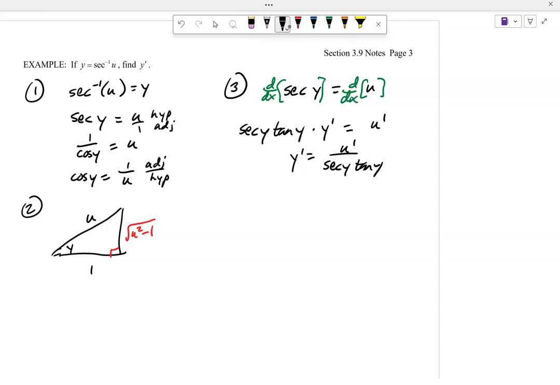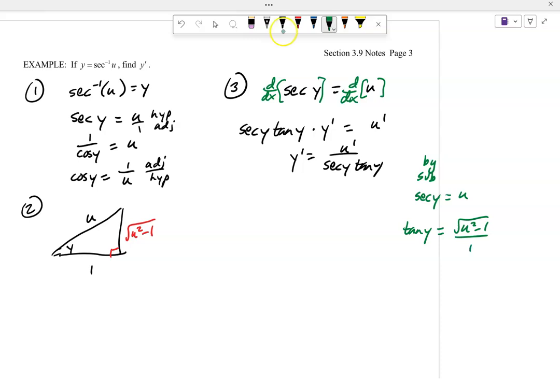Now note, by substitution, our secant of y here is u over 1, right? Hypotenuse over adjacent, we knew that. And our tangent of y, again, looking at my triangle, that would be opposite over the adjacent, which is just the 1.